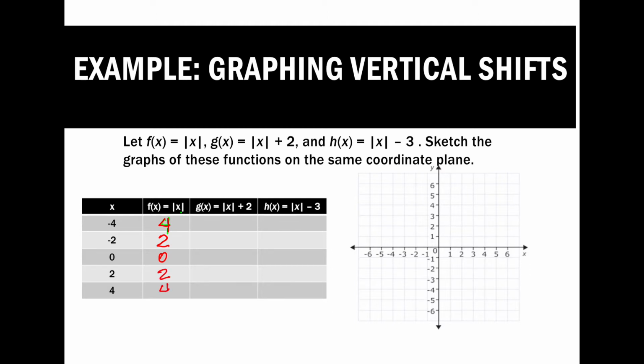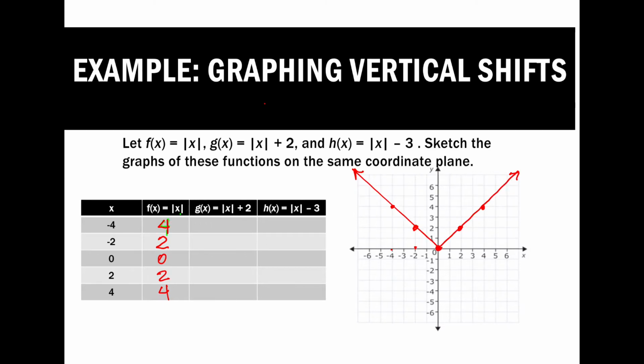And then 2 and 4. We've already seen this before. We know 2 gives me 2, 4 gives me 4, negative 2 gives me positive 2, and negative 4 gives me positive 4. And so using a hard edge to graph these lines, we can graph the equation.